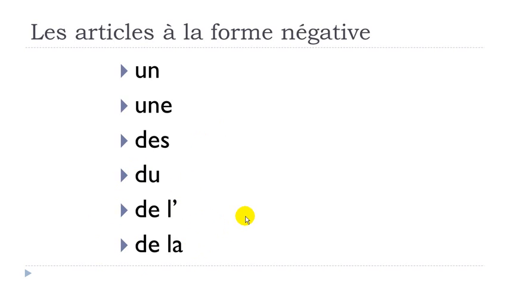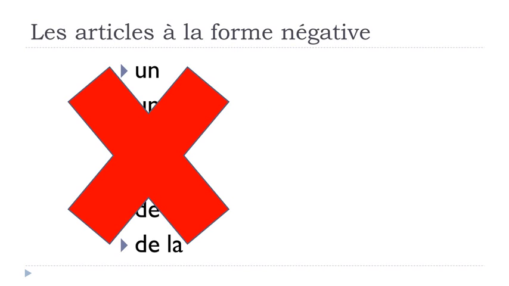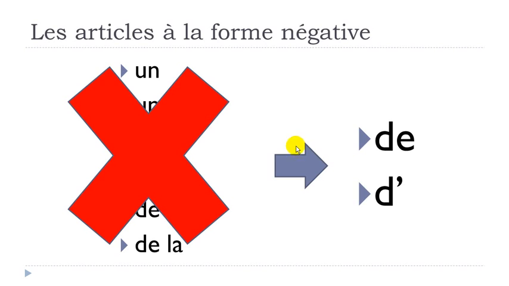Okay, if you want to put them in a sentence, and the sentence is at the negative form, then you will not use them, but instead you will use de, or d' with an apostrophe if you've got a word with a vowel after, or the sound of a vowel.